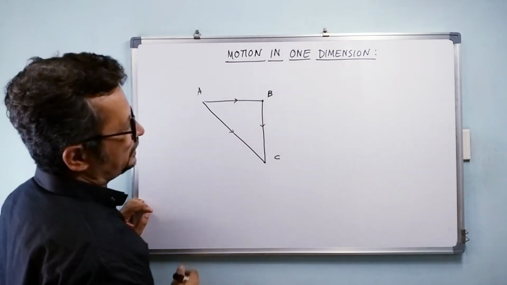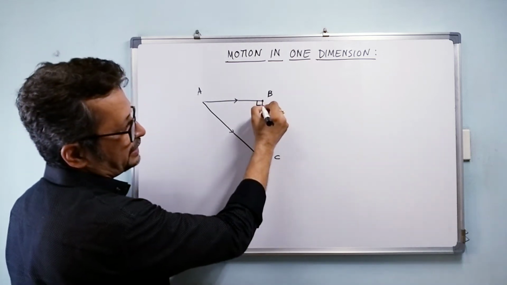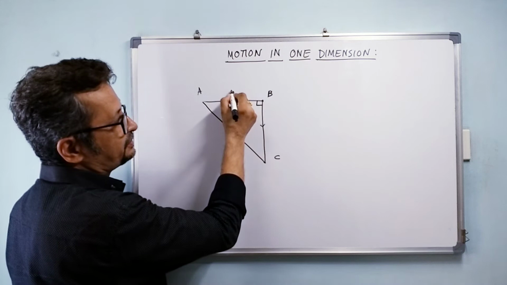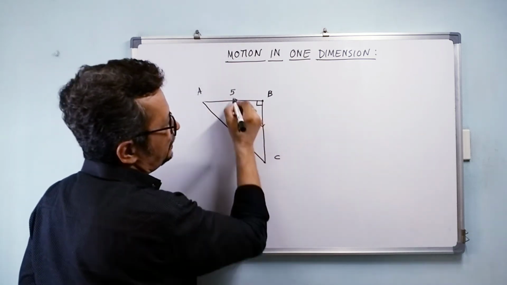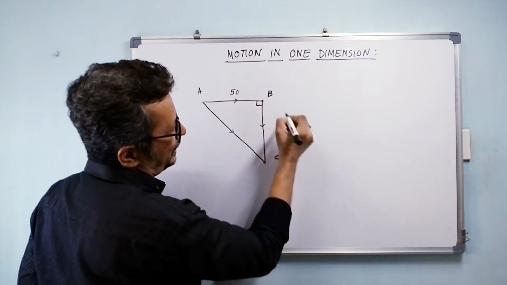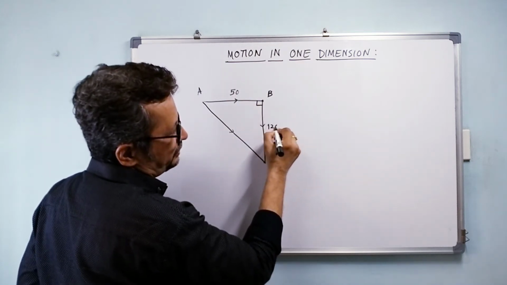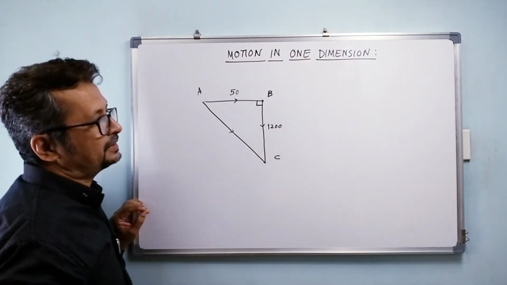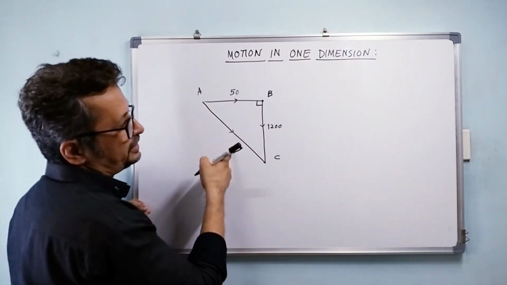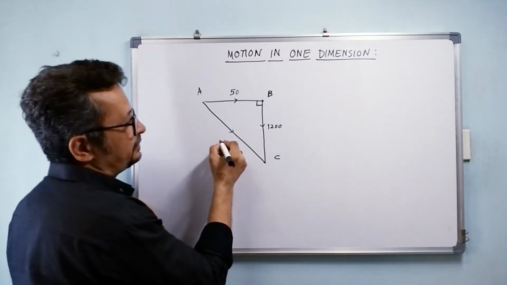Now, assuming that this is a right angle and this distance is, let us say, 50 meter, and this is 1200 meter. Then how much will this be? It would be 1300.